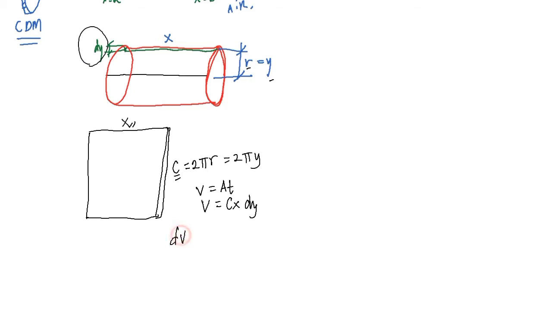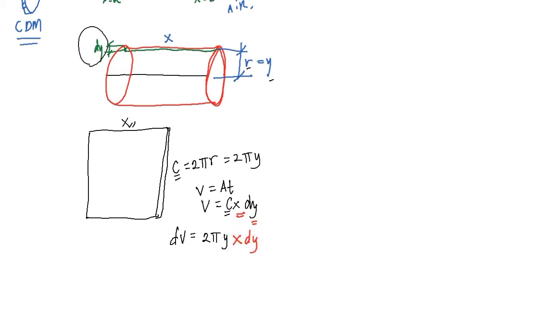For the differential of the volume, we have the circumference, which is 2 pi y. Ito yung circumference natin. And that would be multiplied by x dy.